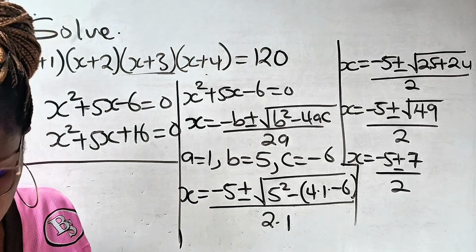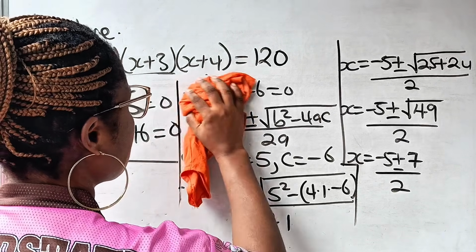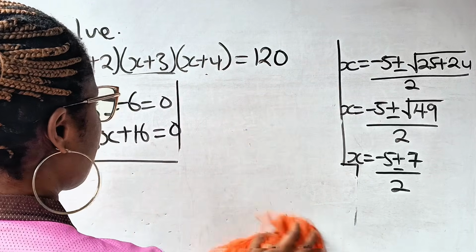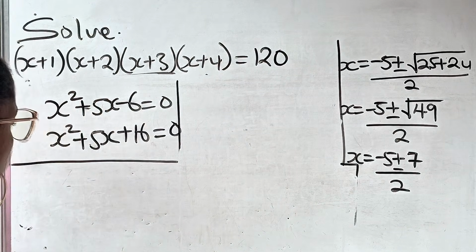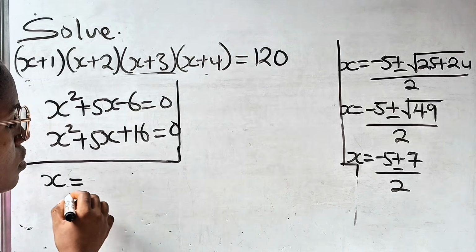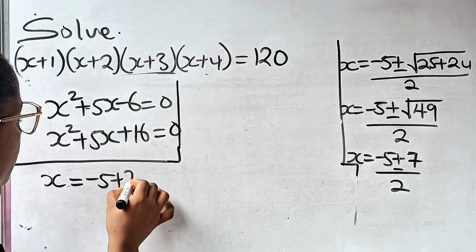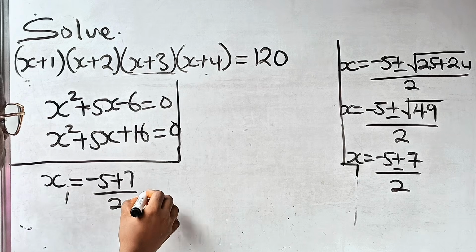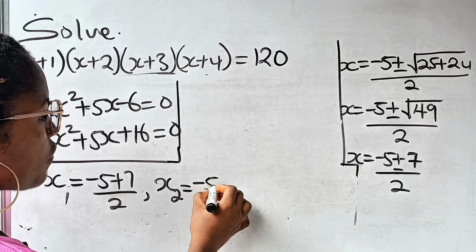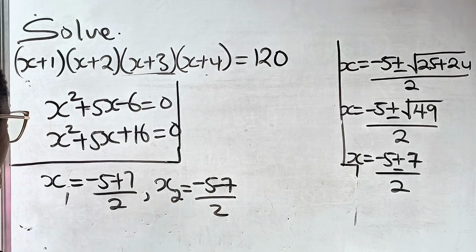So moving forward, I need you to clean this. Now we have x is equal to minus 5 plus 7 divided by 2, that is x1. x2 is equal to minus 5 minus 7 divided by 2.